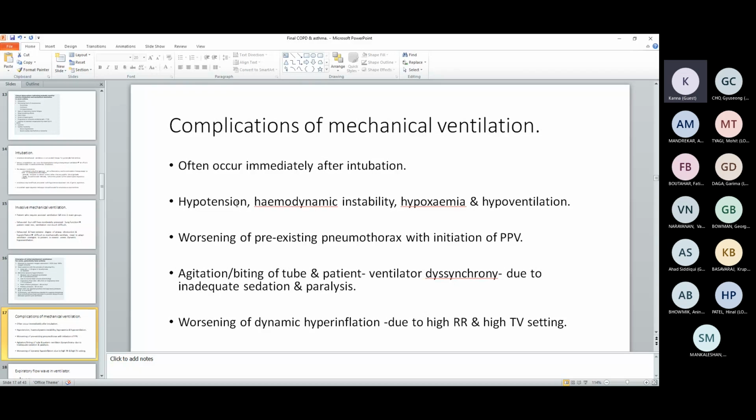That can cause hypotension and hemodynamic instability. There may be a risk of arrhythmias secondary to hypoxia, as well as the drugs we are using, especially beta-2 agonists. And there is a risk of hypoxemia and hypoventilation.